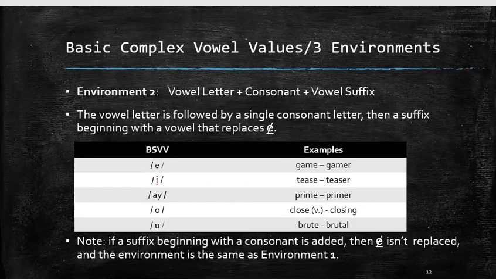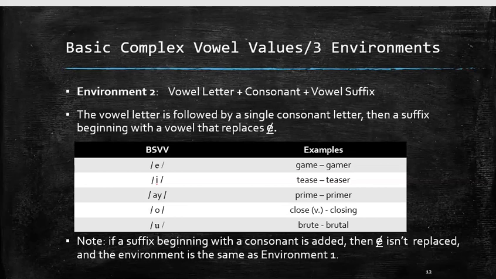Environment number 2 corresponds to a word in which the vowel appears before a single consonant followed by a suffix that begins with a vowel that replaces the E. So game, tease, prime, close, brute. You could say that each of those corresponds to the first environment. However, if you add a suffix where the suffix replaces that silent E, then you have the second environment.